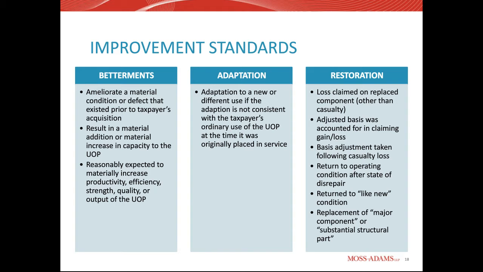Versus now under the new unit of property rules, you have to look at it in the context of just the shell itself, so the walls, the roof, and the floor. So you're probably going to get to a point where it would be a capital improvement, and then you would capitalize the roof, and you would be able to identify a partial disposition related to the roof that you tore off.